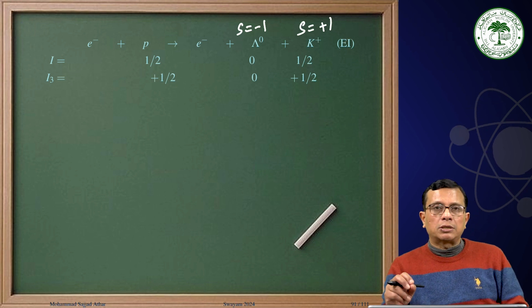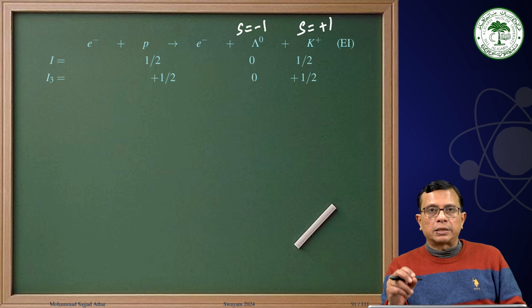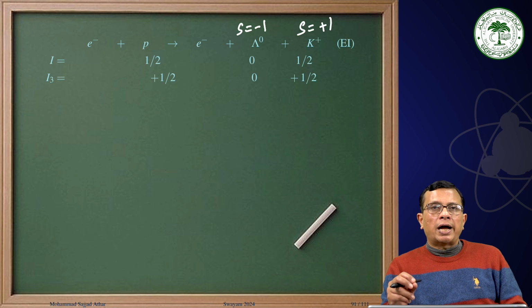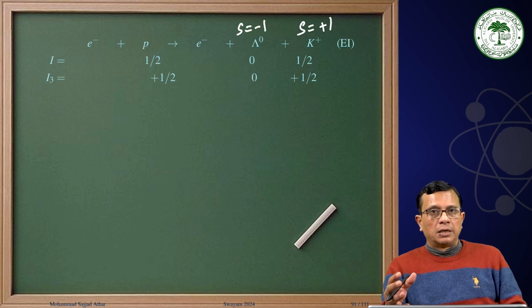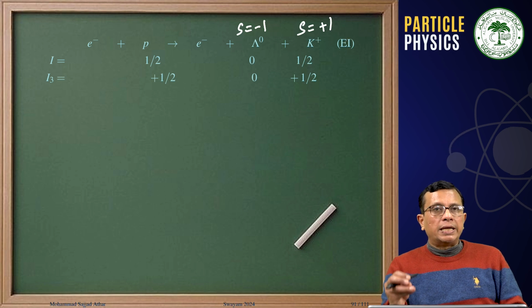We have discussed it already in one of the classes that if you have the production of strange particles either through strong interaction or through electromagnetic interaction, always they will be in pairs to conserve strangeness quantum number. While if you are producing a strange particle in the weak interaction, then you can have a single strange particle in the weak interaction process.